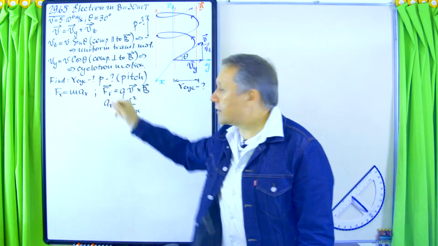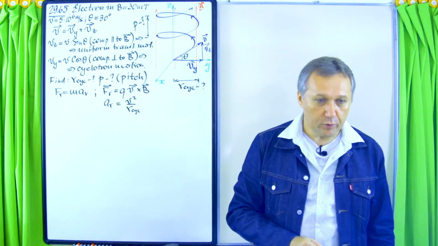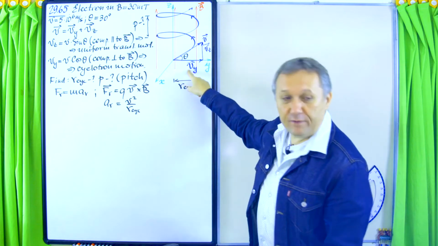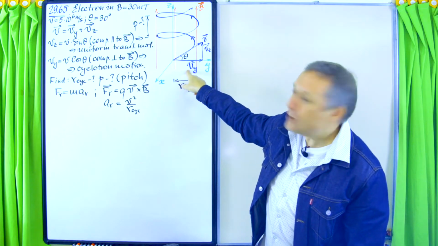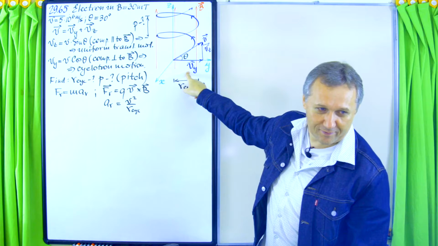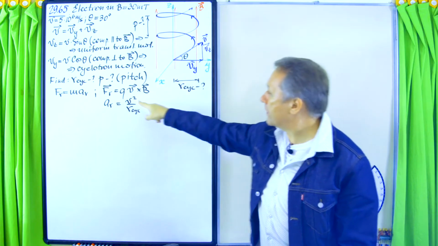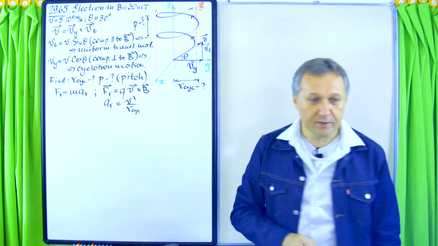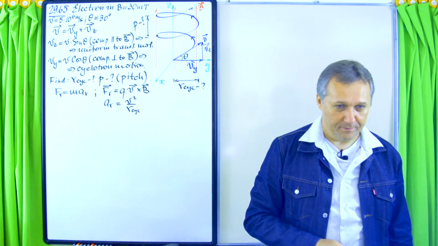And this cyclotron motion, which we're trying now to describe, is described by the v sub y. We need to use this component, right? So over here, there must be subscript y. Over here, there must be subscript y.